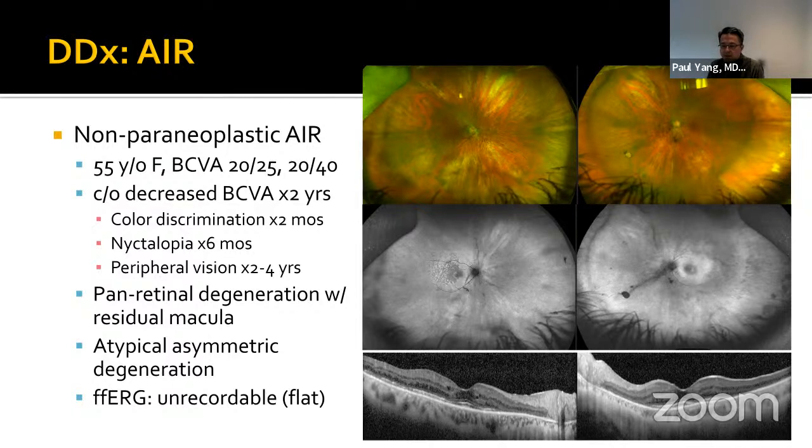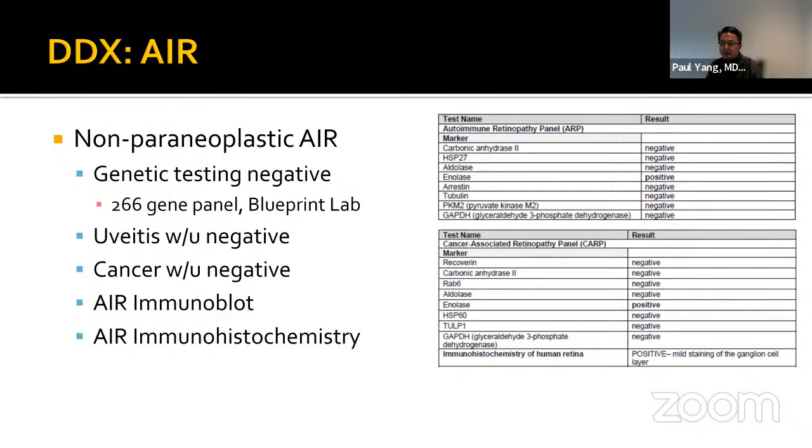There is a little bit of asymmetry between the two eyes, and the ERG was flat, unrecordable. We sent it for autoimmune retinopathy testing, did a big workup, uveitis workup was negative, cancer workup was negative. And again, you see positivity on the autoimmune retinopathy test, on the immunoblots, as well as immunohistochemistry.